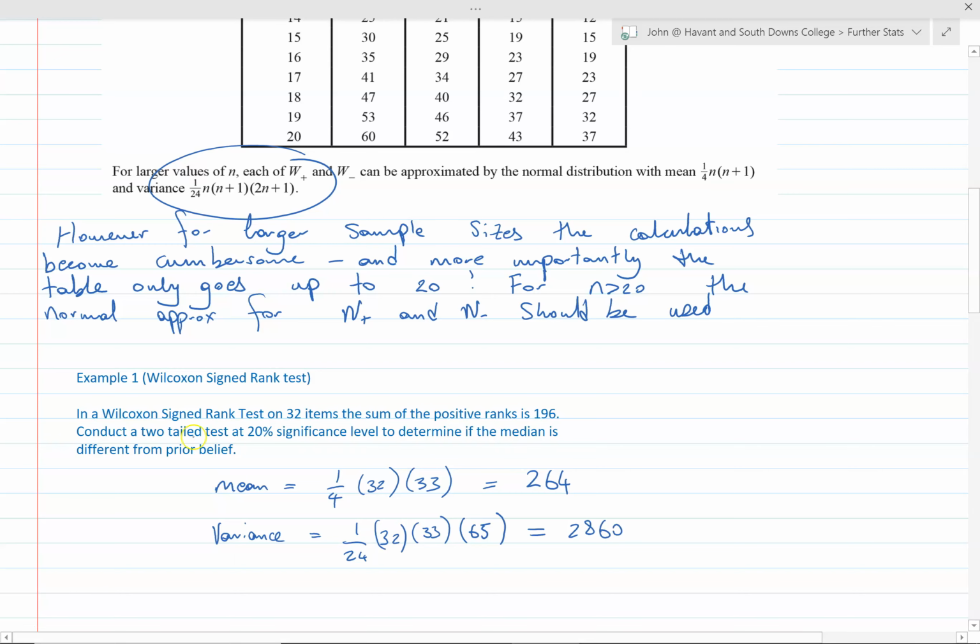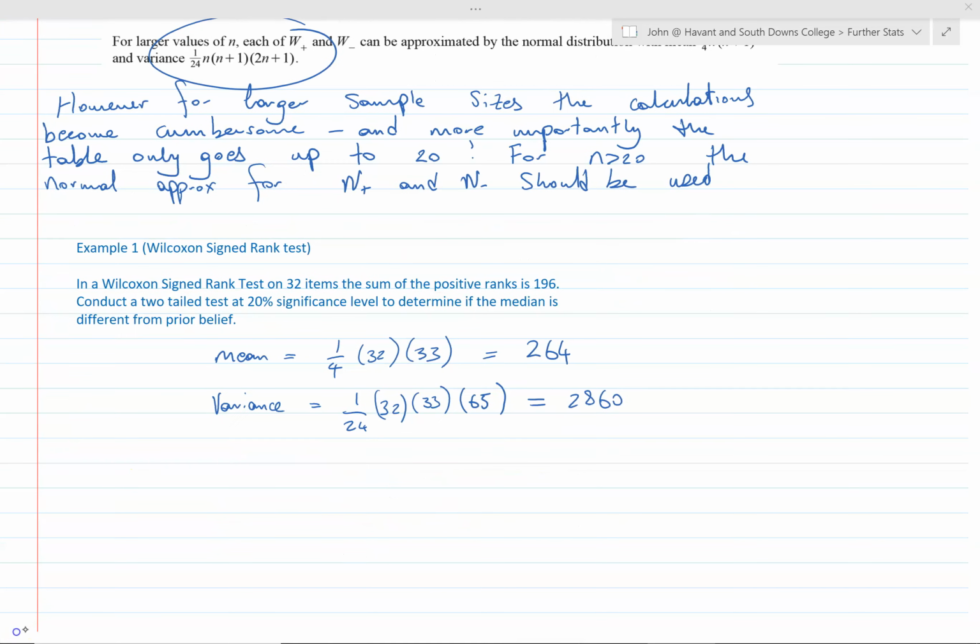Okay, so we need to write our hypothesis because it is telling us to conduct a two-tailed test. Now, notice here the question hasn't even told us what the median is. It's just told us the sum of the positive ranks, not even the deviations, the ranks. So we don't know what the median is, so we can just write it in words.